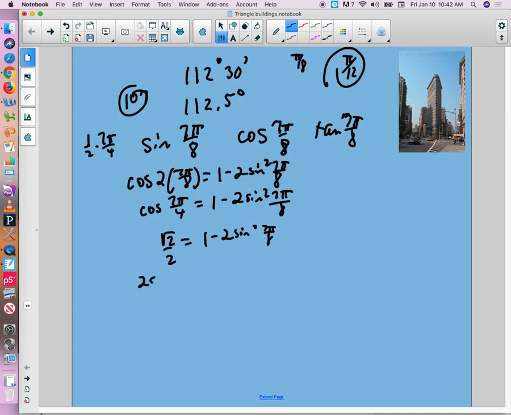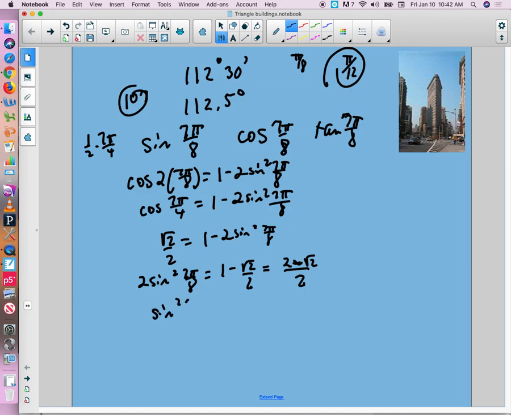All right, so I'm going to move this over here. And this is 1 minus root 2 over 2, which is 2 minus root 2 over 2, getting a common denominator. I haven't divided by 2 yet.